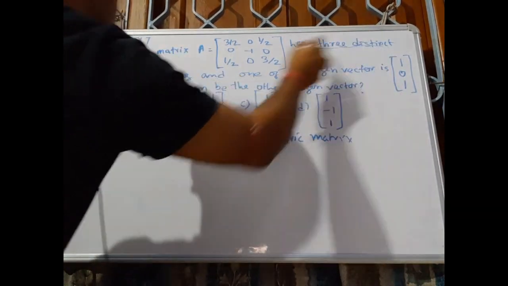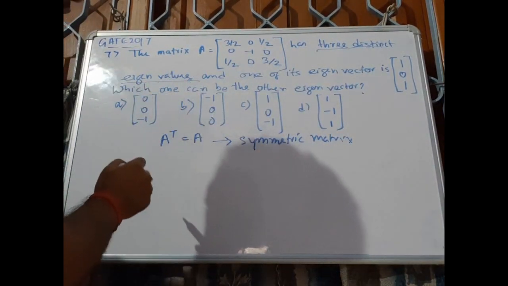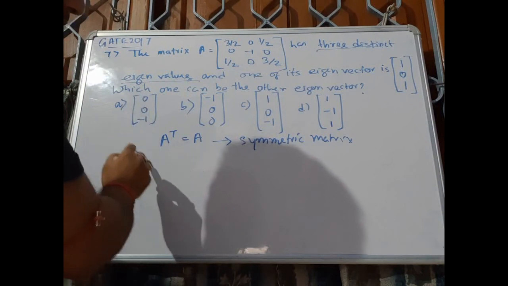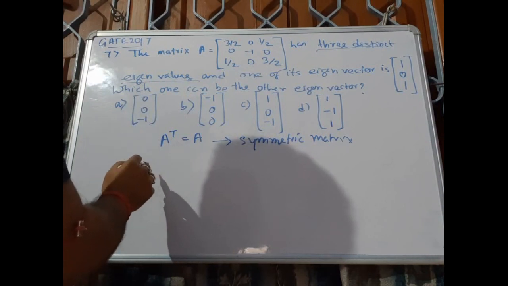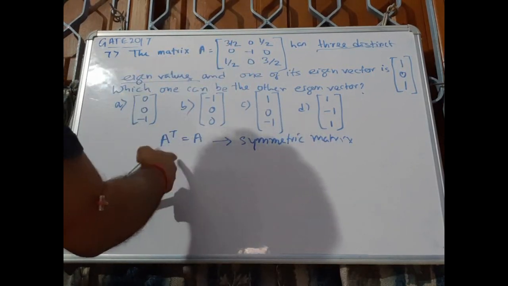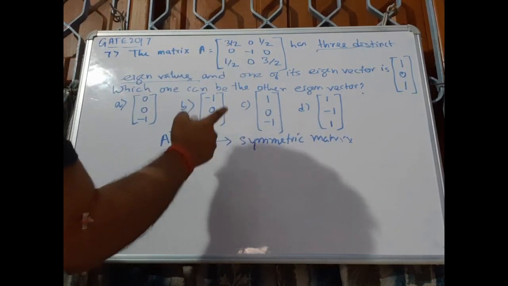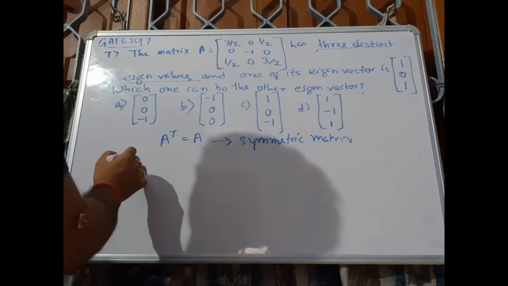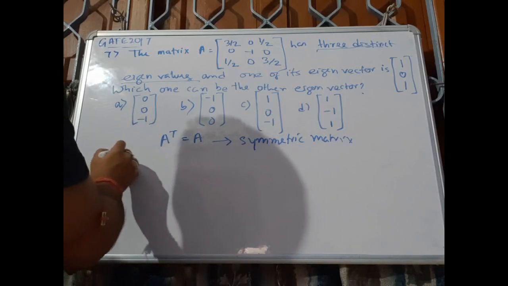and it has three distinct eigenvalues. So the matrix has three distinct eigenvalues, and the matrix is a symmetric matrix. So the eigenvectors are orthogonal.